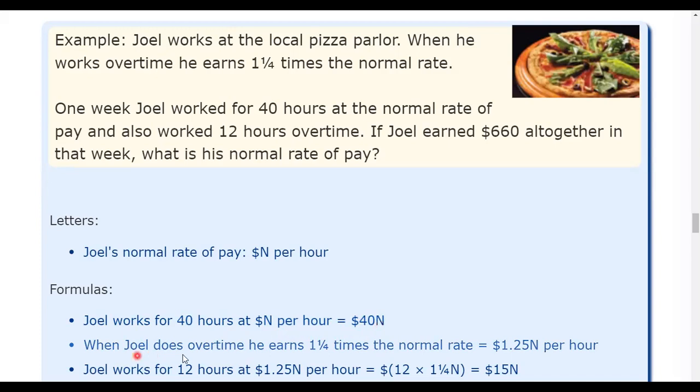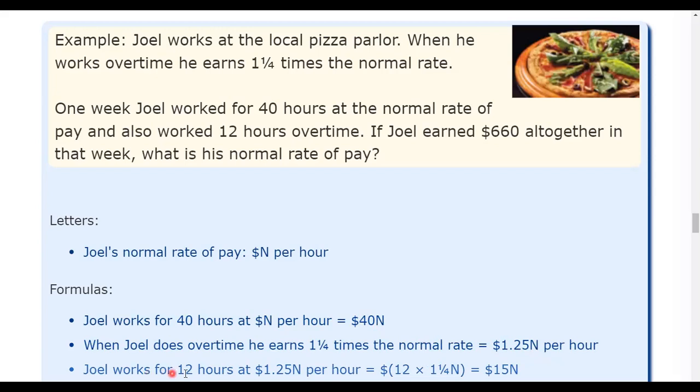When Joel does overtime, he earns 1 and 1 by 4 times the normal rate. That is, if we change this, we will get $1.25 into N. N is actually the payment for the normal working per hour.